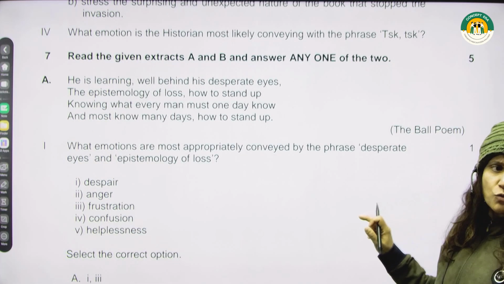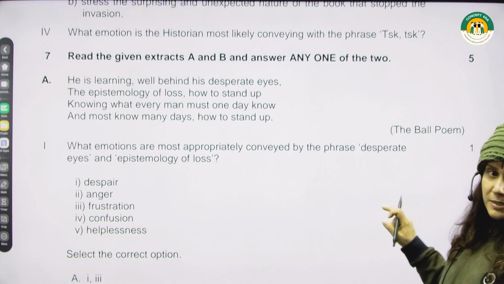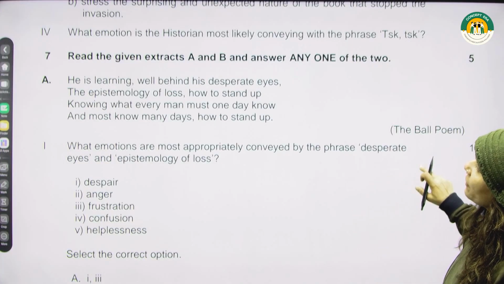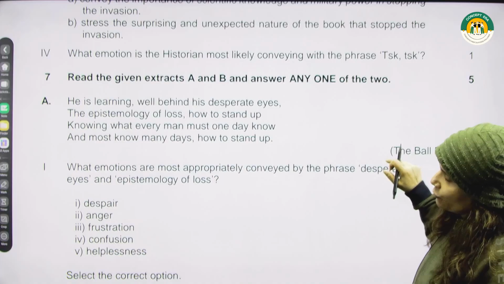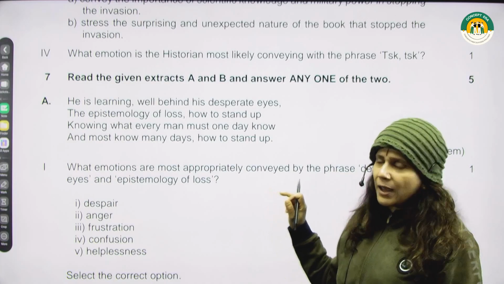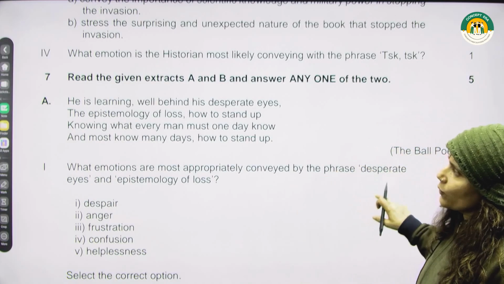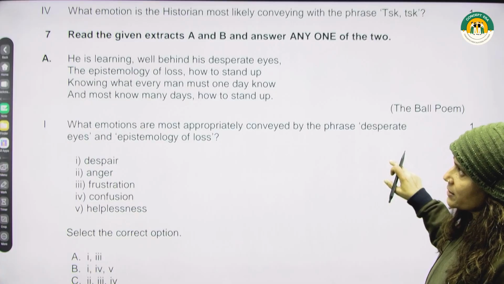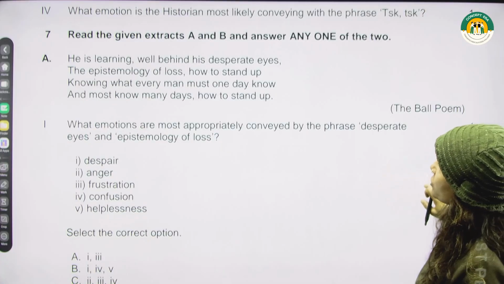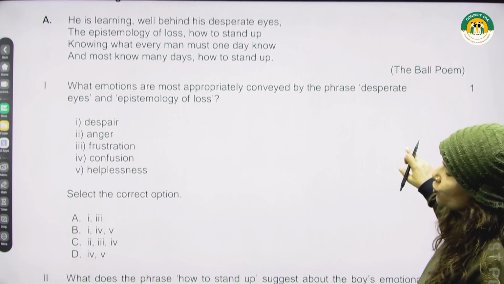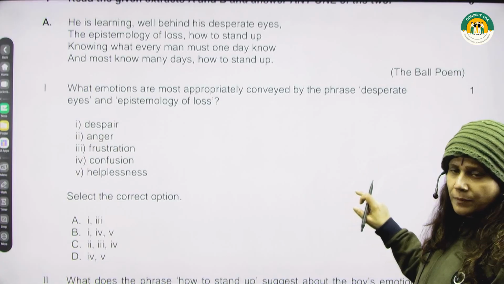So there would be 2 RTCs in the form of question number 6 and question number 7. Question number 6 would be purely based on drama and prose, while question number 7 is an extract, or you can say reference to context, but here you will get it from poetry.